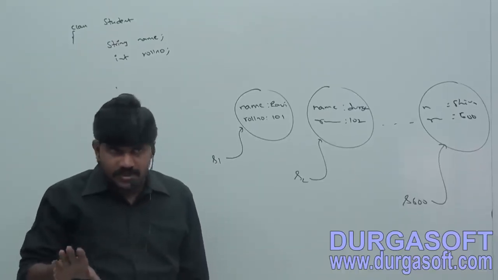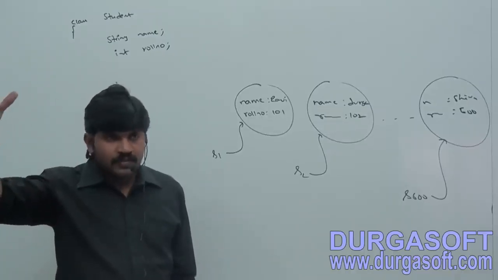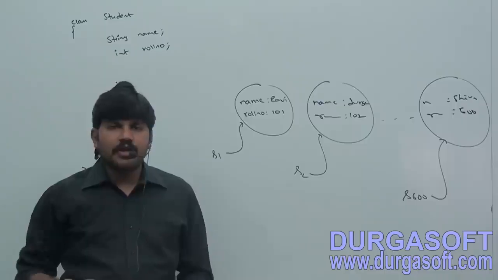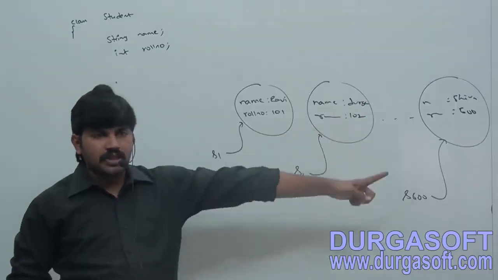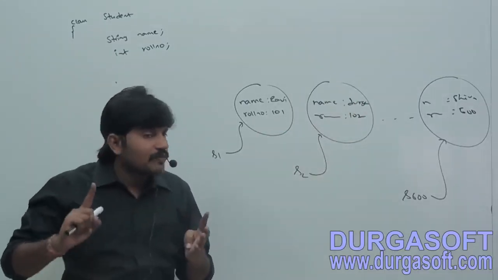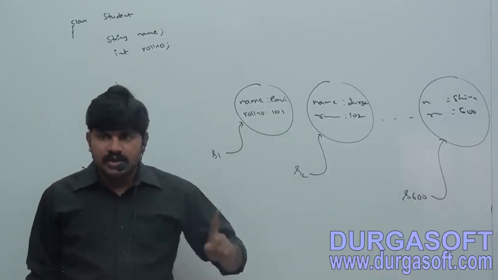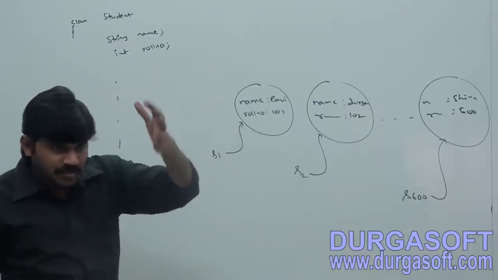Not much explanation is required, just two points. What is an instance variable? If the value of a variable varies from object to object, such variables are called instance variables. How many copies are created? For every object, a separate copy of instance variables will be created. Add these two points first.